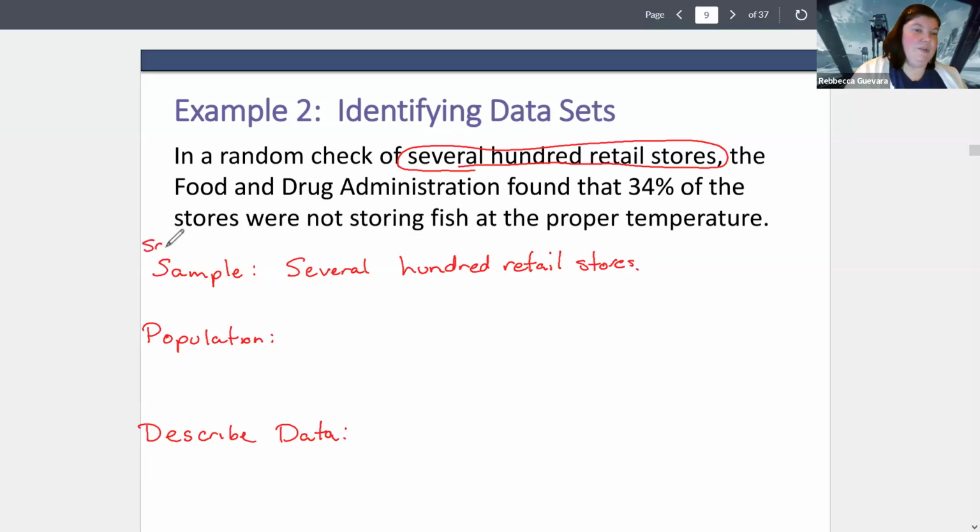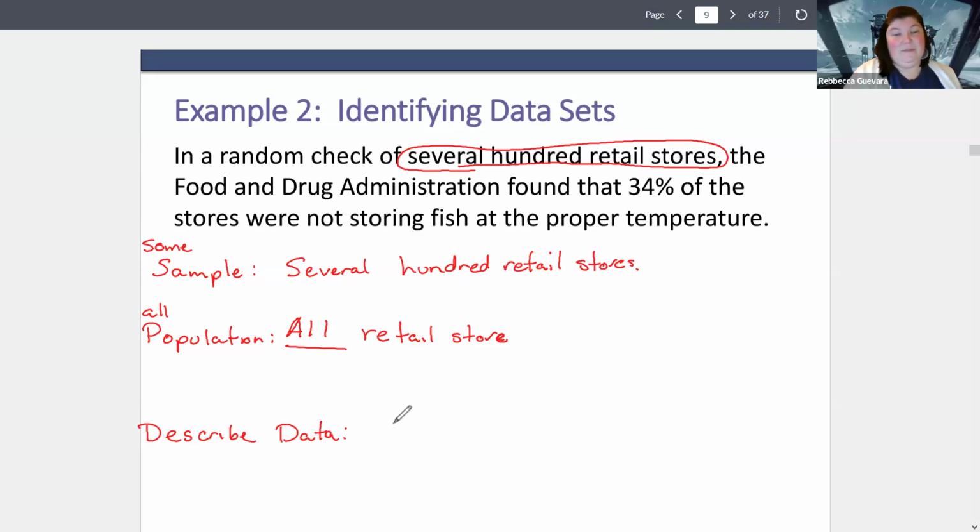The sample is always some and the population is always all. So my population, we could just say retail stores. Or if it makes you feel better, you can always say all retail stores. But when we say retail stores, it's assumed we mean all.